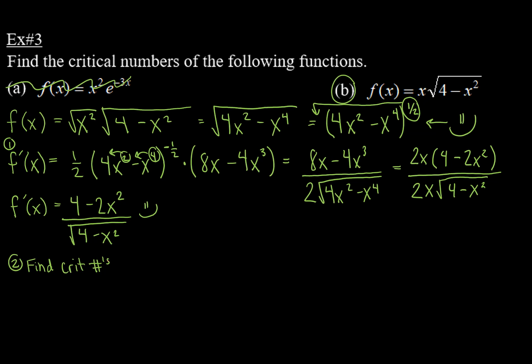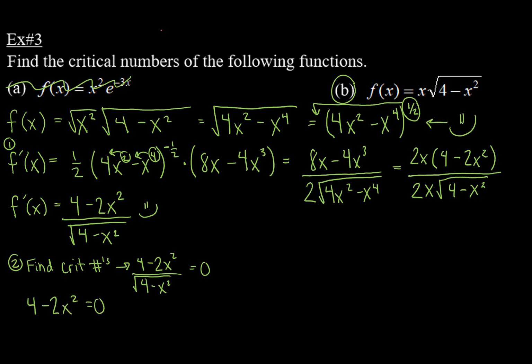So in this case, if I look over here, first if I'm going to find where my derivative is equal to 0, that actually happens just when the numerator is equal to 0.